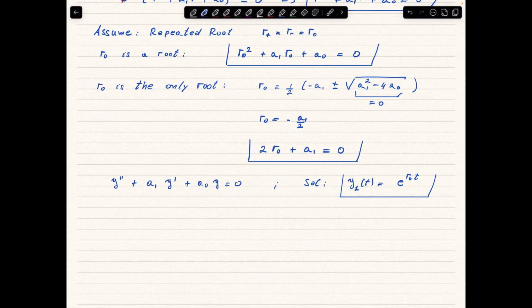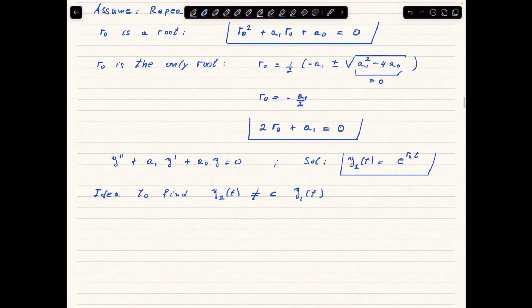So what is the idea here? We don't have a second solution y2, so the idea is to find y2(t) not proportional to y1. How do we find that function?